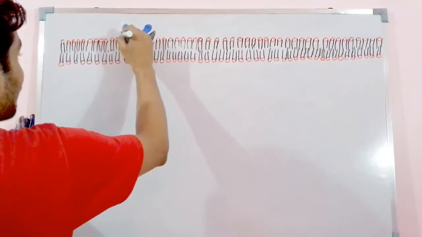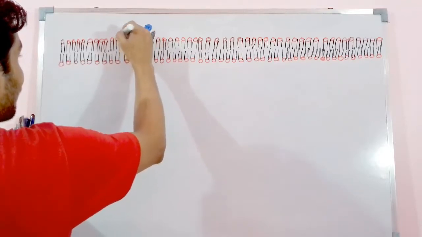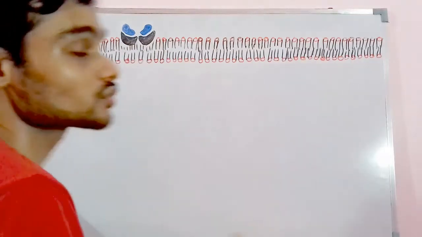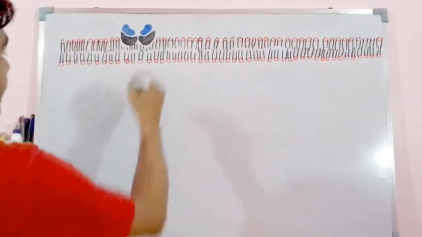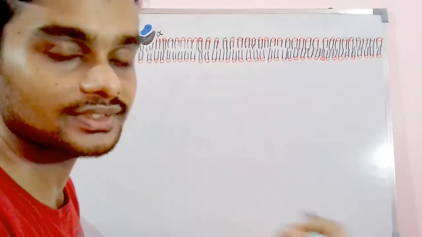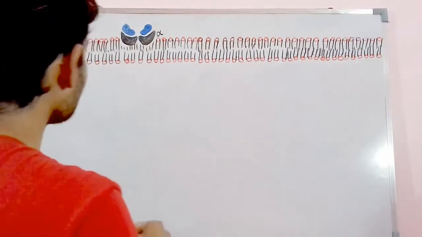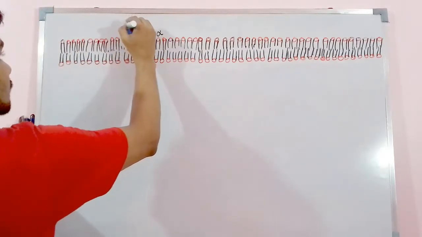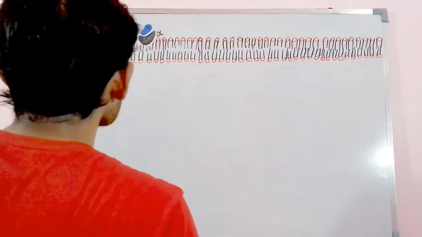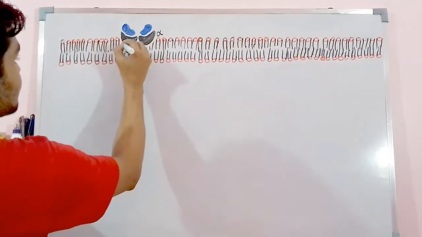Now this tyrosine kinase receptor has two subunits. Let this be the alpha. The head portion present outside, towards the extracellular matrix, is the alpha portion, and the beta portion is present inside, across the membrane.